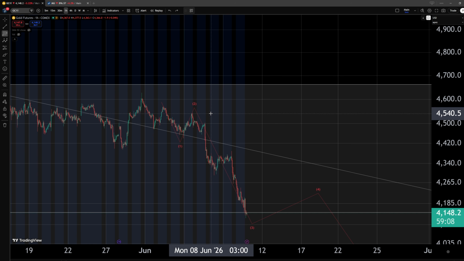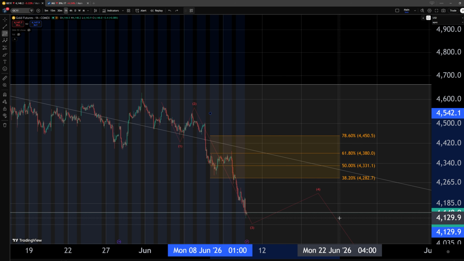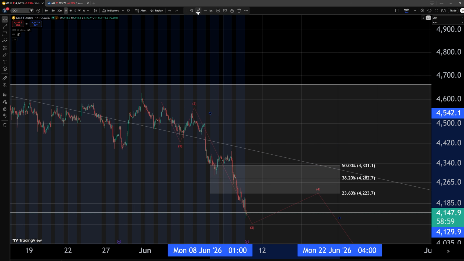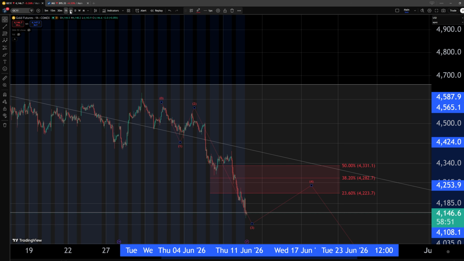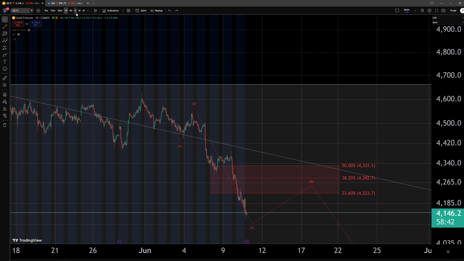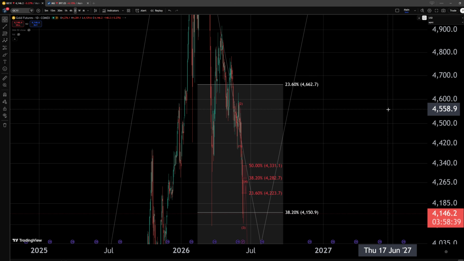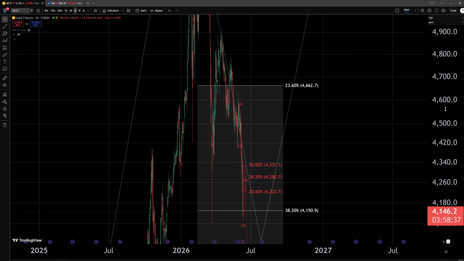In this scenario, I would have to see a break above the 50% retracement standing at $4,331 before having the strong indication that no, this idea of an impulse will not be following through. We will manage to see a stronger reversal. We will manage to see a less bearish outcome than what we currently have seemingly in play in the case of this structure.